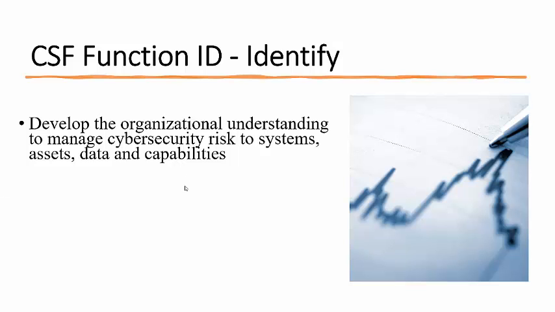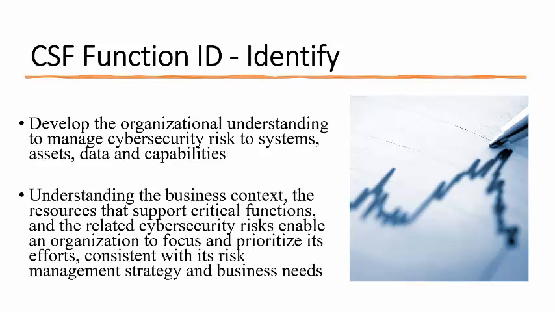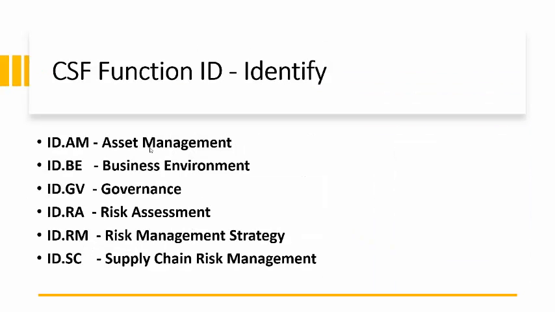So the first step is called identify, where we develop the organizational understanding to manage cybersecurity risk to systems, assets, data and capabilities, and understand the business context and the resources that support critical functions and their related cybersecurity risk. That should always be the first step. That's why identify is the first step. Under identify itself, we have categories like asset management, business environment, governance, risk assessment, risk management and supply chain.